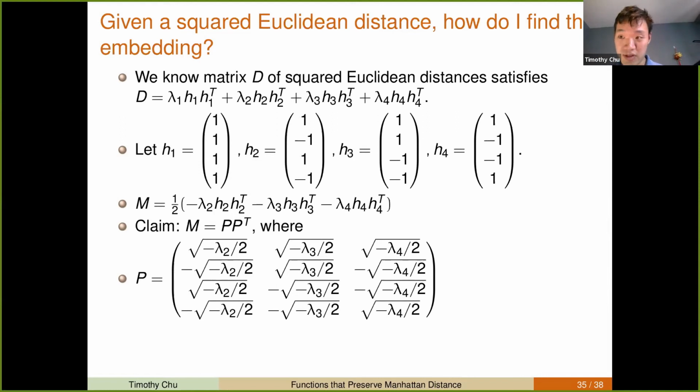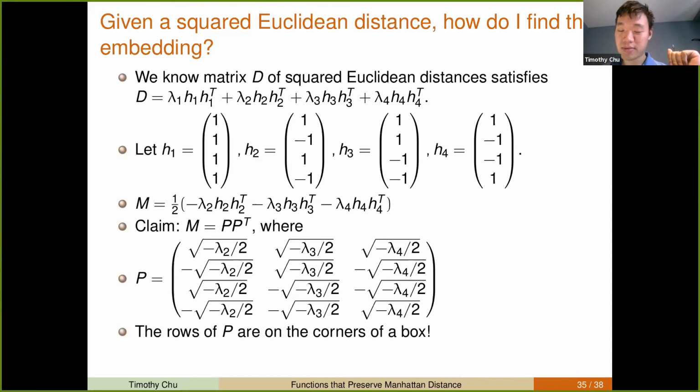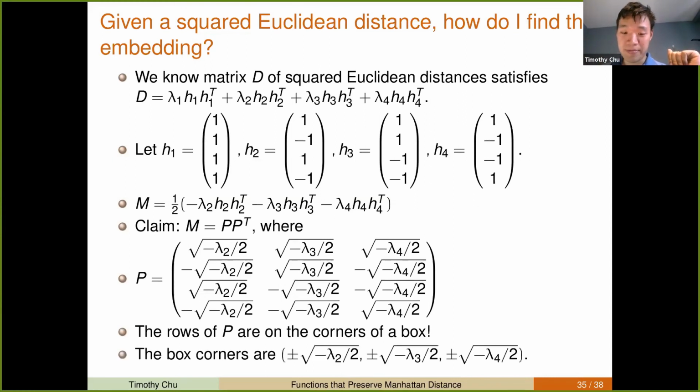During this time, I'll also just state what our overall strategy was here, because I know we got very deep in the math. We showed previously that x to the 2/3 sends Manhattan distances on a box to squared Euclidean distances by using our magical negative type criteria. I am just trying to figure out what points realize that squared Euclidean distance, and I'm going to claim they all live on a box. So what I did was I gave you an unproven formula for how I back out the points that realize the Euclidean distance.